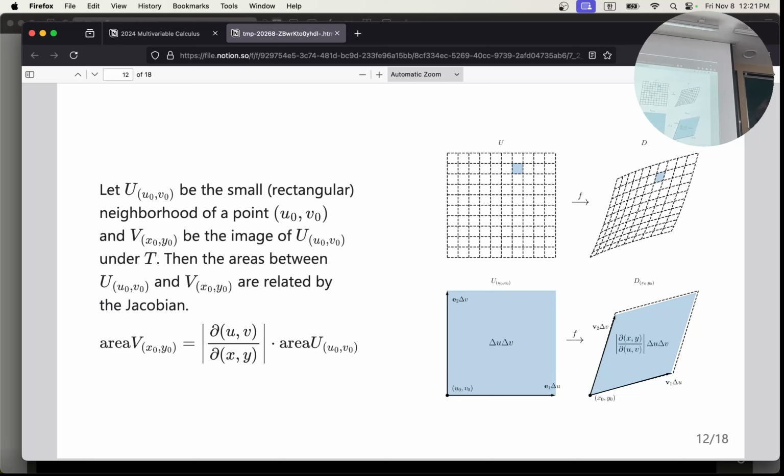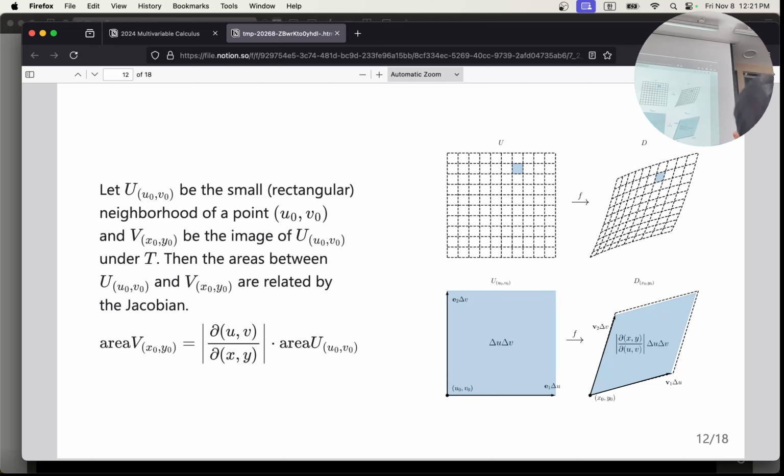Because what you are doing in the integration is multiplying your value of the function by the area or volume of the region. So since you change the domain, change the coordinate system, you change the volume. So you have to make up for the change by multiplying by the Jacobian. That's what we are doing in integration by substitution.